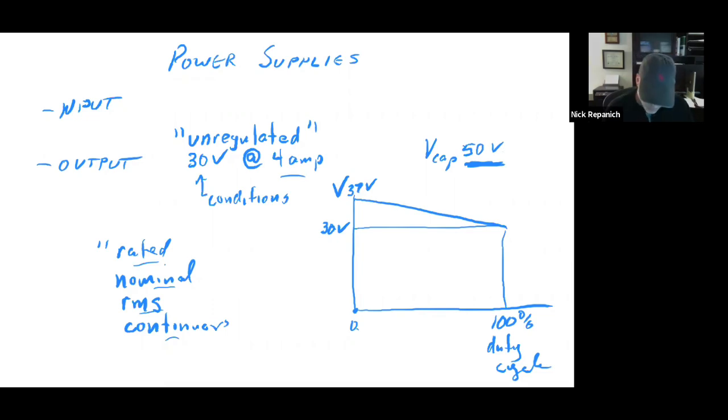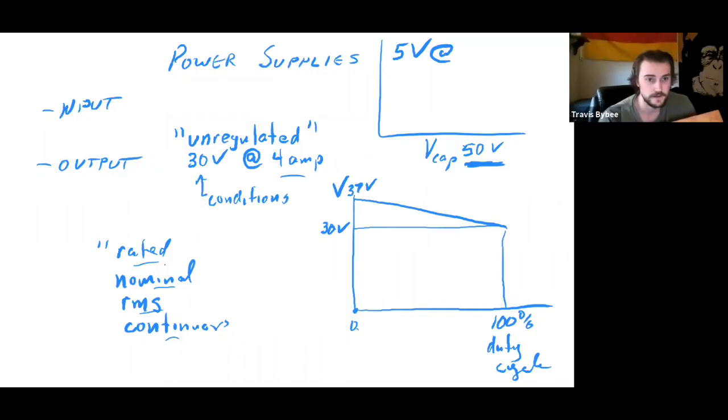Okay, so this output, the 30 volts, is unregulated, meaning it's going to go up and down depending on the load. However, there's also 5 volts on there, isn't there? Can you run an inductive load with that 5 volts? How much current is that? 5 volts at? Half an amp.